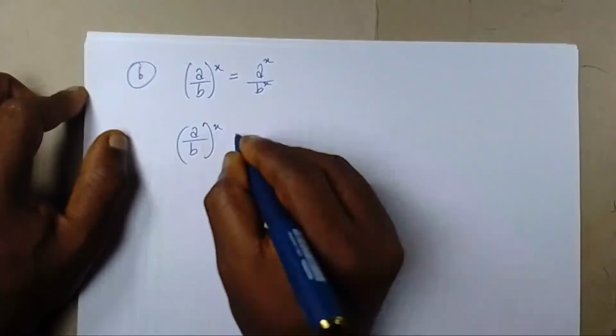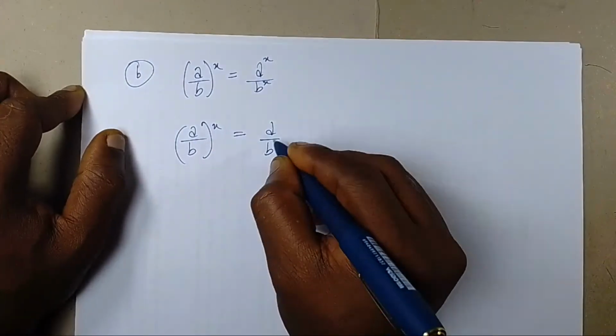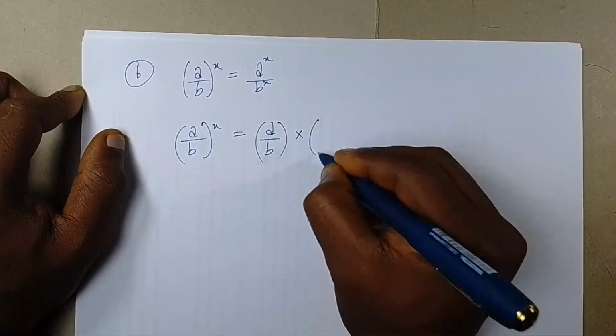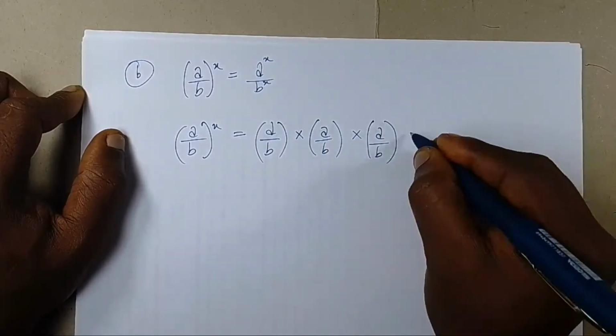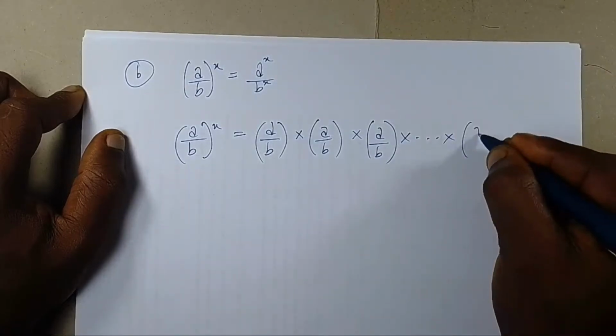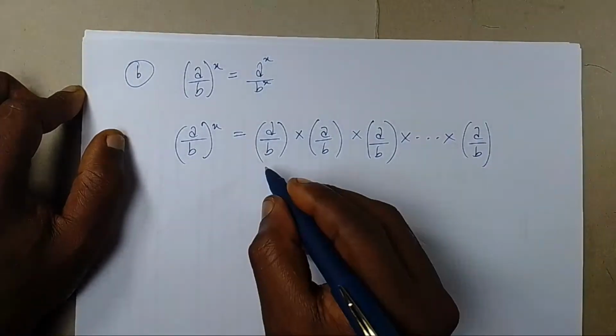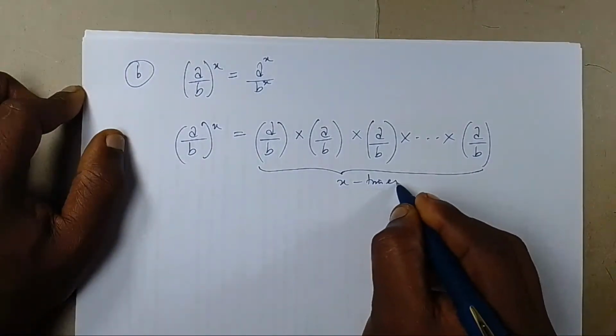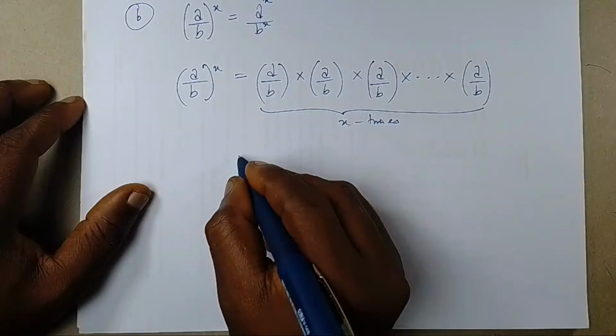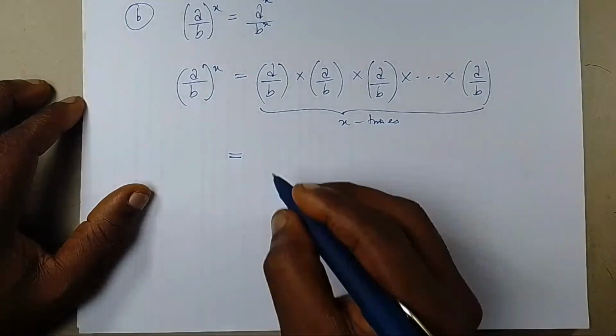You could do this. So I'm going to put A over B times A over B times A over B times ellipsis A over B. Okay? How many times have I multiplied A over B? X times.